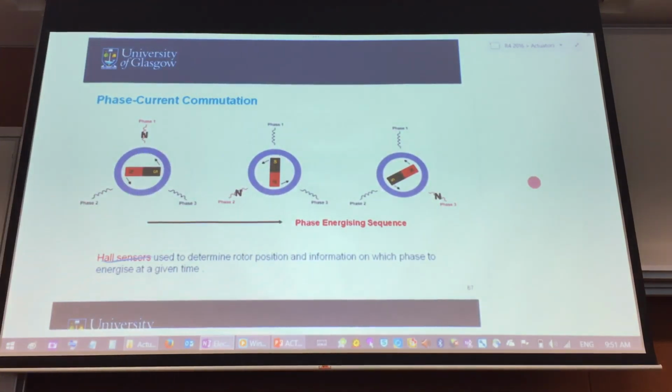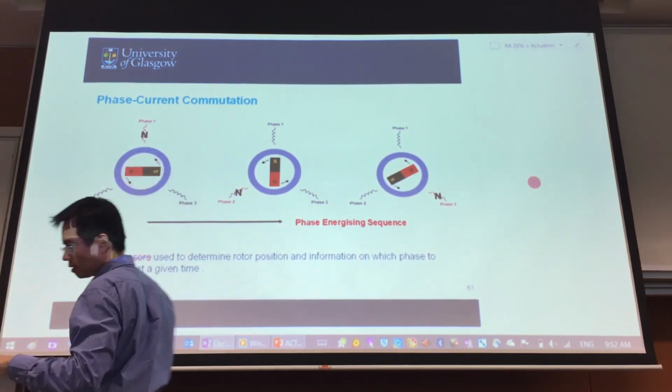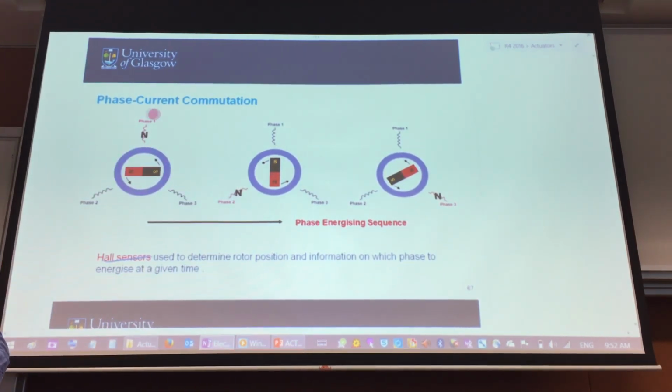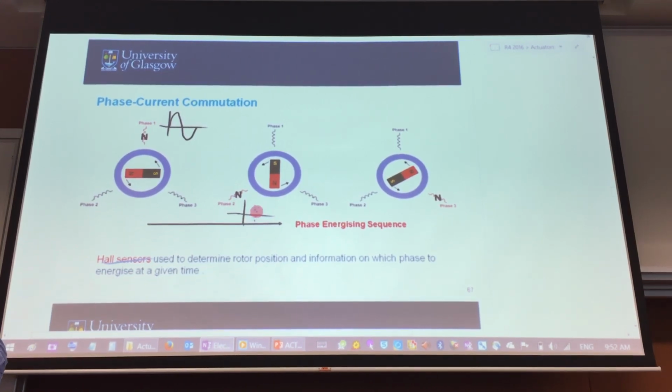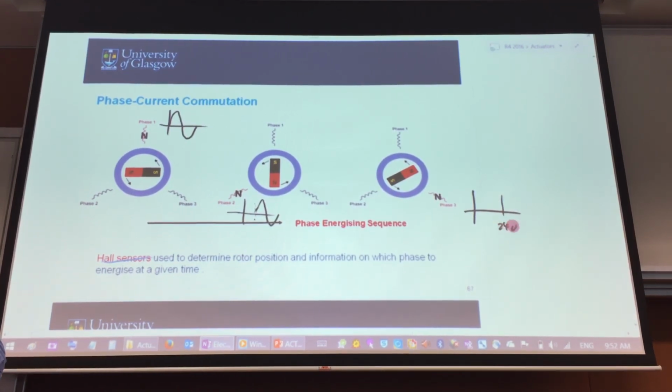So you have 3 coils, and these 3 coils would have 3 waveforms of current. This one will oscillate this way, then this one will be 120 degrees out of phase, and this one would be 240 degrees out of phase.